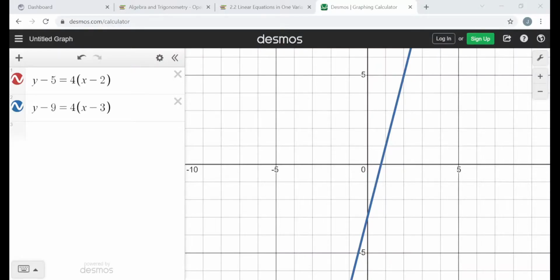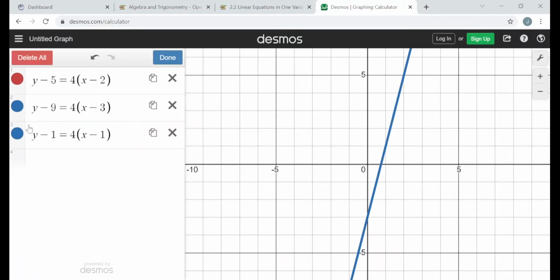And back on the website, let me put in that third equation. Y minus 1 equals 4 times the quantity x minus 1. And do you see there's no new line up there? Again, let me change the color. Make it green. Done.